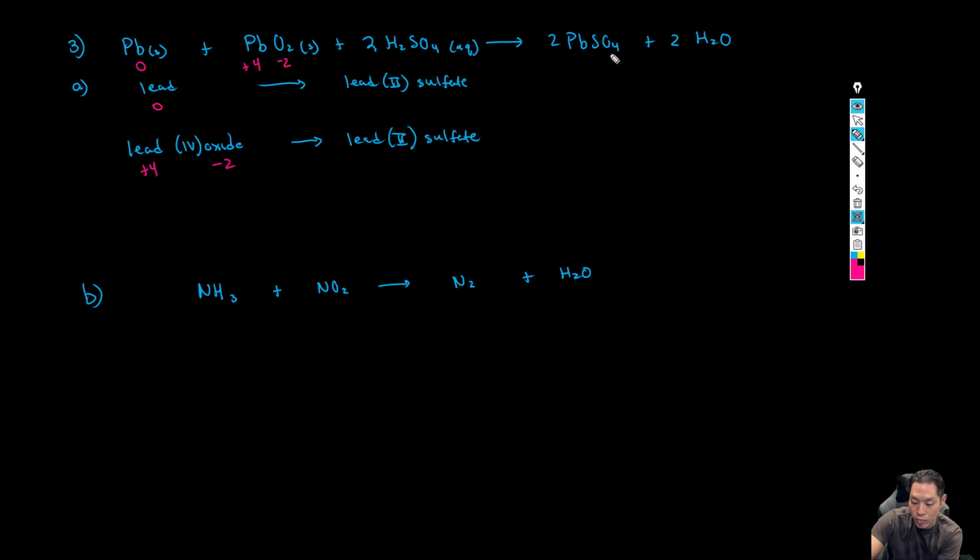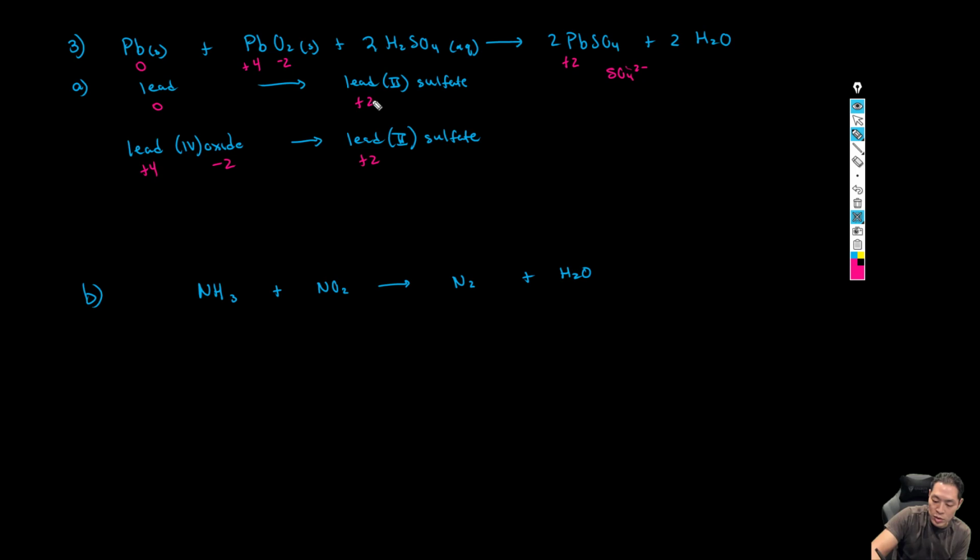Here we have PbSO4. Sulfate has a charge of 2-. Now that's kind of the key here. This is an ionic polyatomic, so since this is 2-, let me just make sure I'm correct. Since it is 2-, that's going to make our lead 2+.